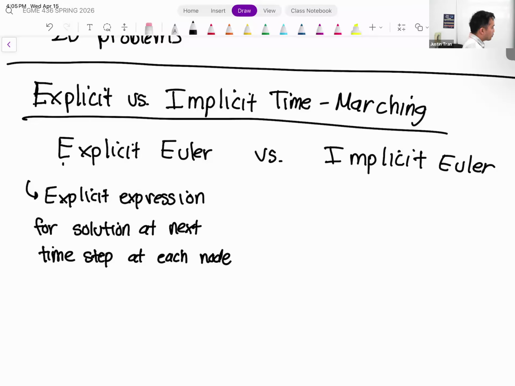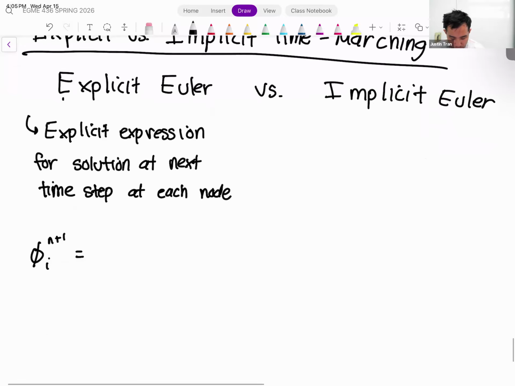All right, and so if you look back in your notes and see how our explicit Euler method was formulated, we had a formula like this. We had phi i, n plus 1, right? The n plus 1 term in our recurrence relation was by itself on the left-hand side of the equation.